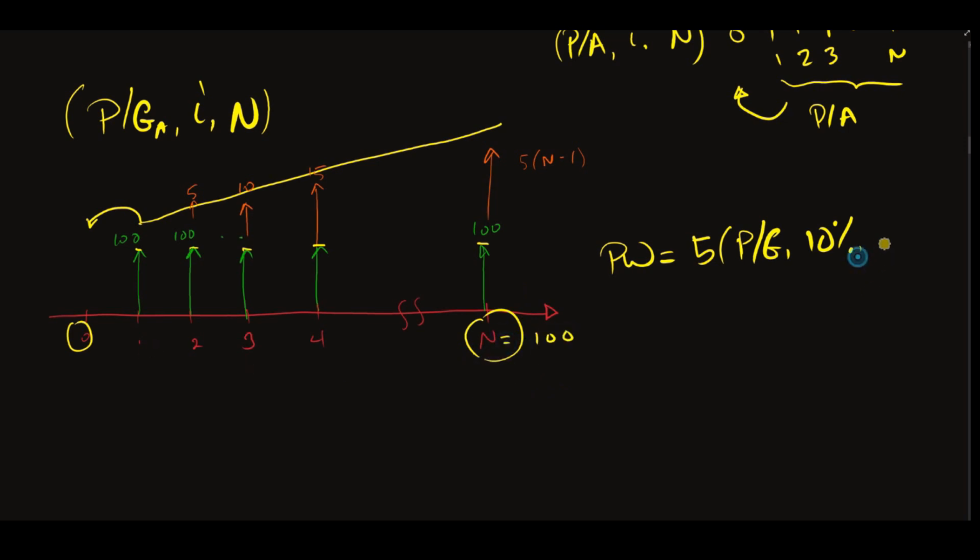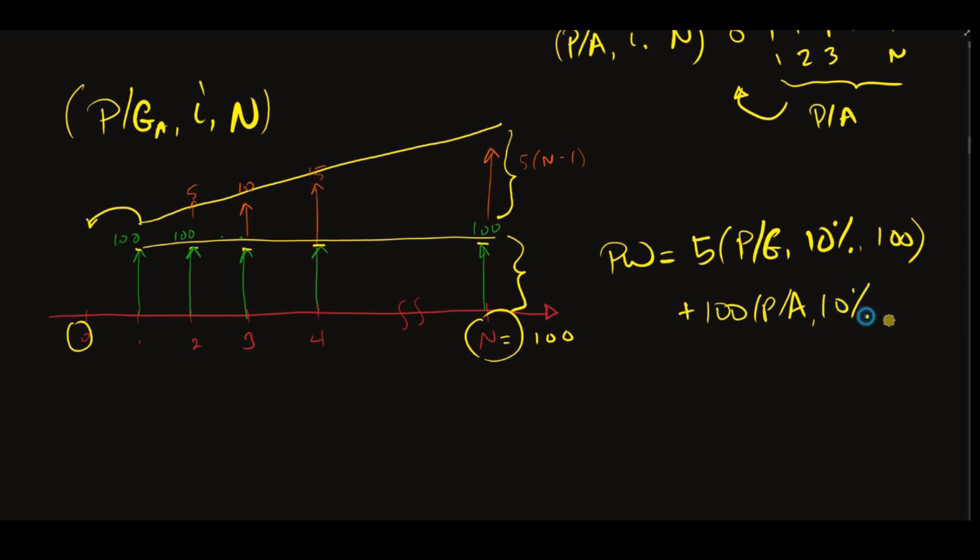So let's say we're doing 100 periods, plus, that's not the end of it, because that's only the gradient portion. Now we still have to do the payment portion, which was originally our 100. So now we add in our 100, P given A, 10% for 100 periods.